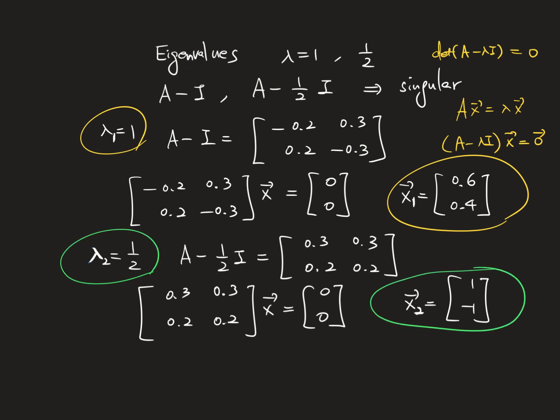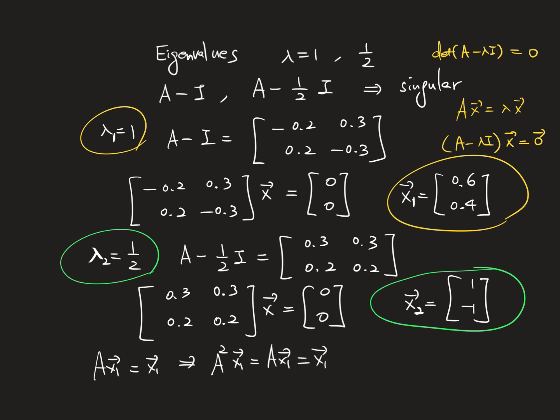And we know that Ax1 vector will be x1 vector because lambda 1 is equal to 1. And then we multiply both sides by A, and we get A squared x1 will be Ax1, and Ax1 is equal to x1.